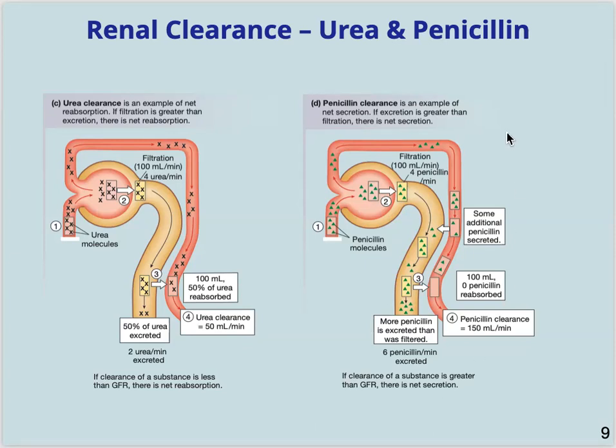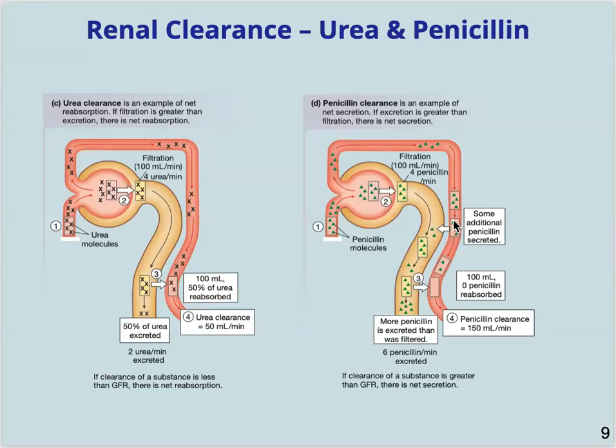In the case of clearance of penicillin, which is an antibiotic that you all have heard of, this is an example of net secretion. It's freely filtered into Bowman's capsule and the renal tubule, but there is going to be some additional penicillin that ends up being secreted.